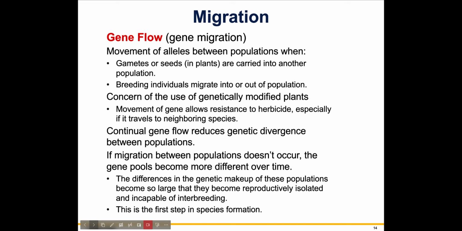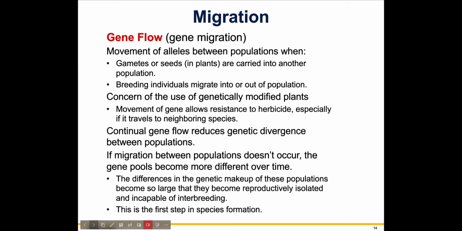Then I think of gene flow or migration, immigration, emigration. I like to use gene flow, and I use my pointer finger because my pointer finger can point in and out and move between my populations. So, gene flow is just the movement of alleles within that population when we're carried into or out of the population.